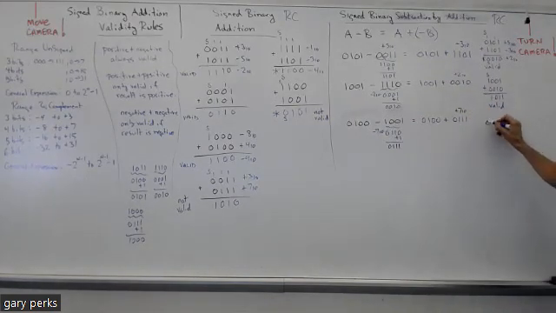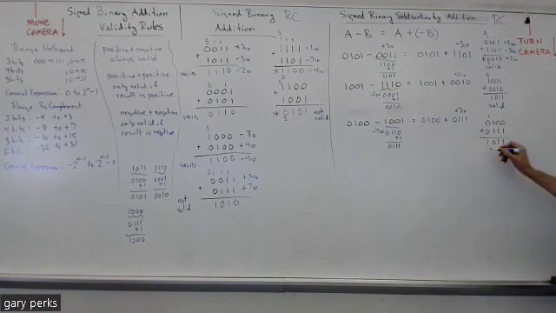Okay, and now if we add these, we're going to get 1, 1, 0, carry the 1. Is it valid? No. You're adding 2 positives, you get a negative, not valid.